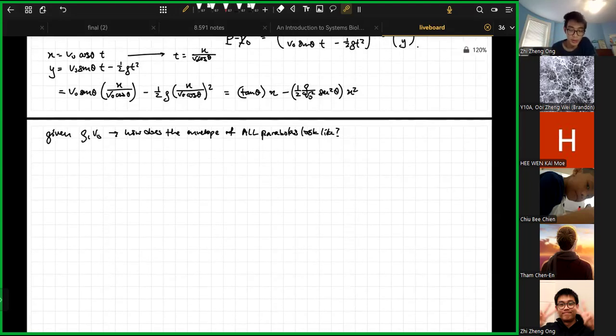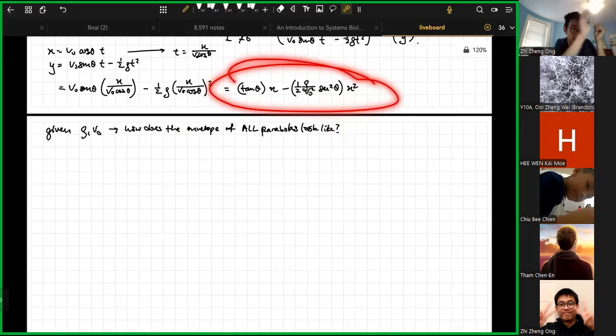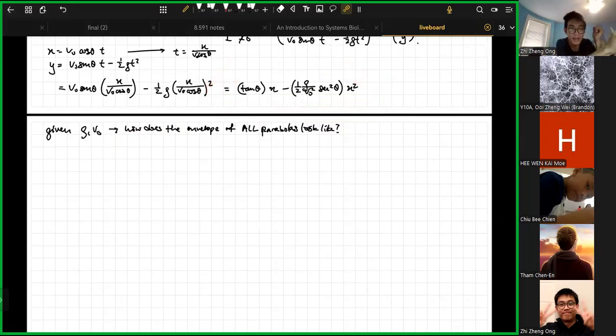Now, if you want to ask the question, how does the envelope of all parabolas look like? You're effectively reducing by another dimension. You eliminate this dependence on theta as well. So if you have a slider for t, the way you generate this is that you slide this t from 0 to infinity or whatever, and then you get the path traced out by the point, right?